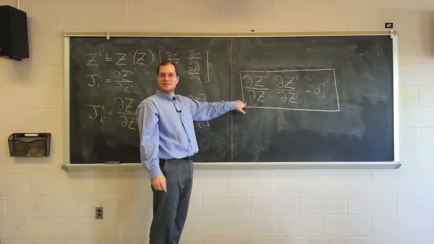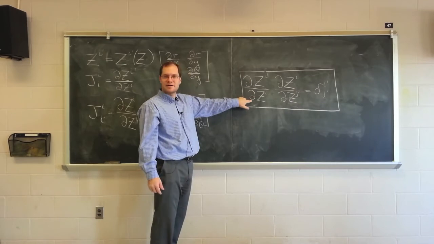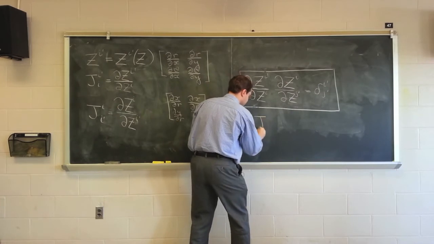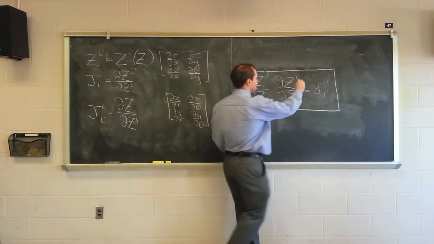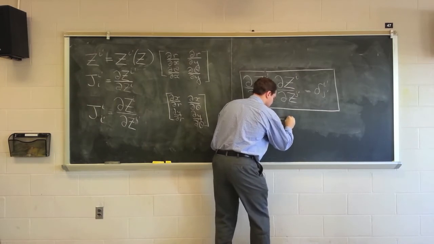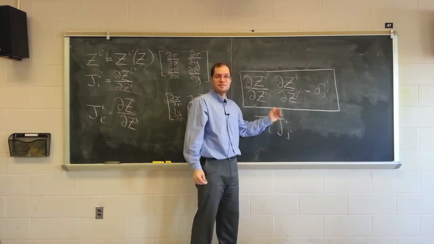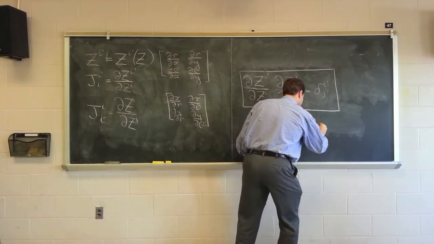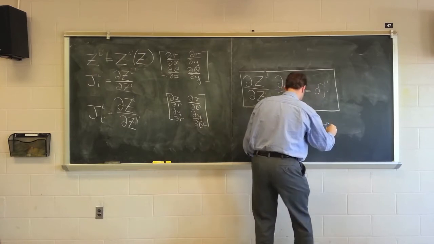So let's see what this expression is telling us. This is the ta-da moment. This is J_i'i times J_ii', once again remembering first index, second index, first index, second index, equals delta_i'i'.